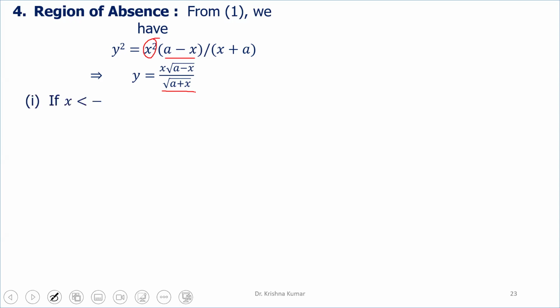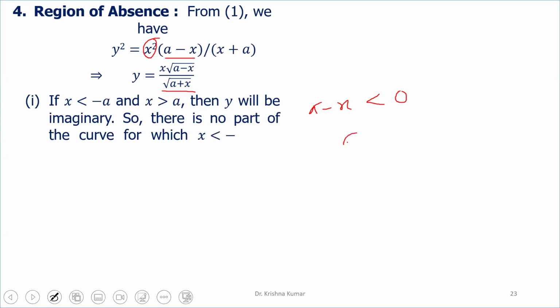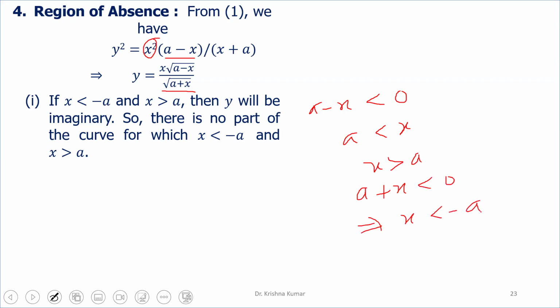Now, what does it mean if a minus x is less than 0? It means a is less than x, or x is greater than a, and also if a plus x is less than 0, it means that x is less than minus a.